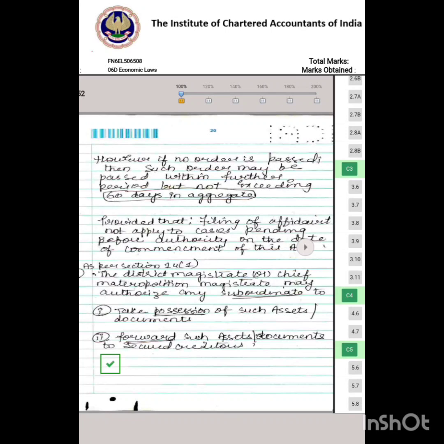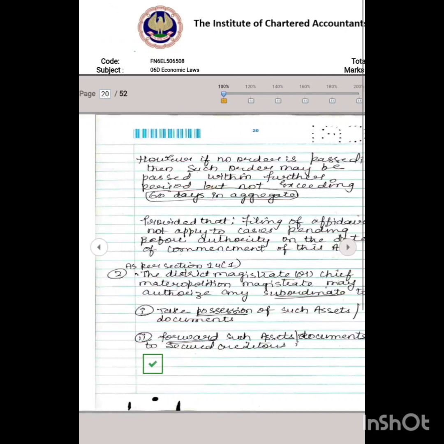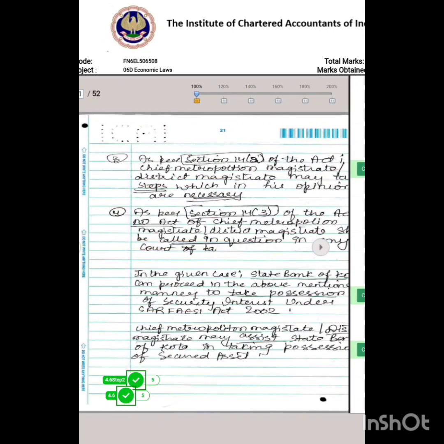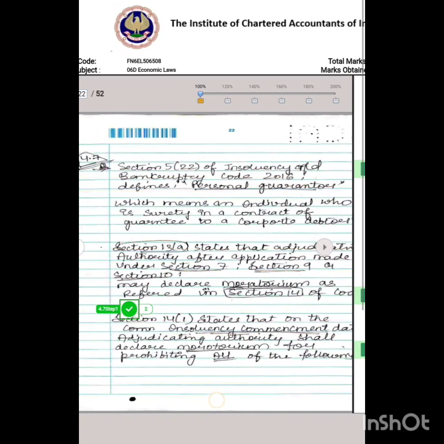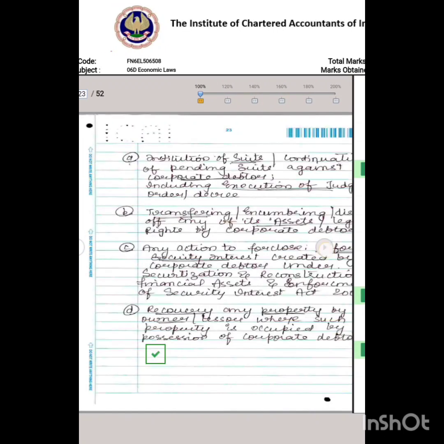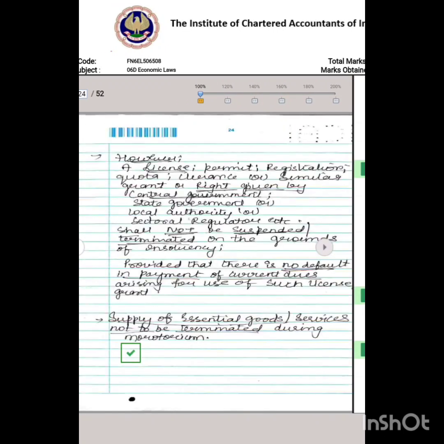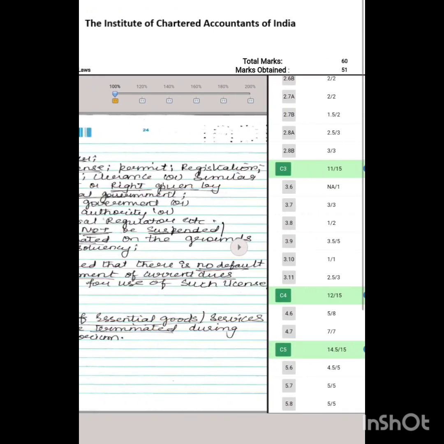It was just what is given in the case study digest I have written, but with some changes. I did not change everything, because even the examiner will have this material to check the answers. So you can copy paste, fine, but make some changes, give more content, that will fetch you marks. So this is how I have presented my answers.